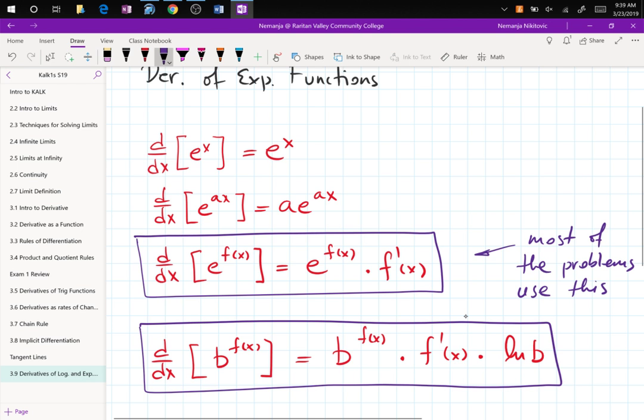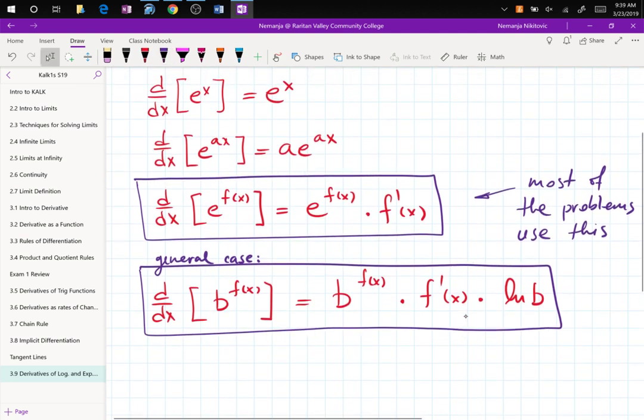I'll write here general case. And as I said, the general case you're going to see on your homework and your lab and possibly your exams, but it's extremely rare to run into that one outside of the classroom setting. The one on top, everywhere.